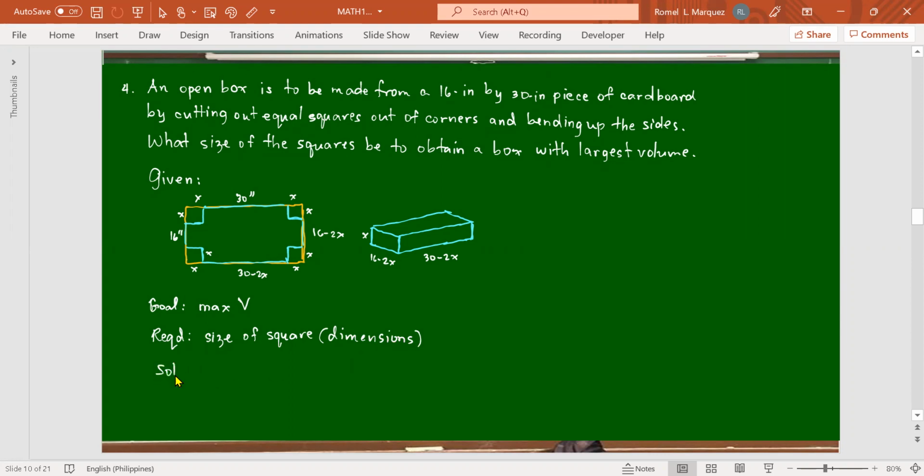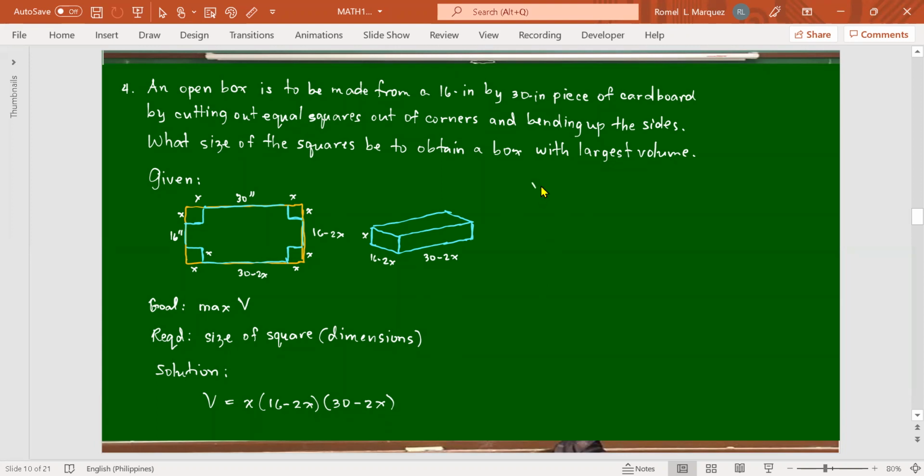So, solution. Volume is equal to height times width times length.